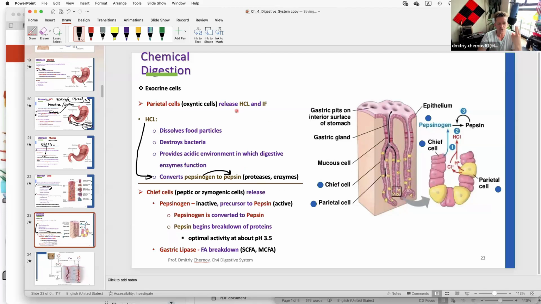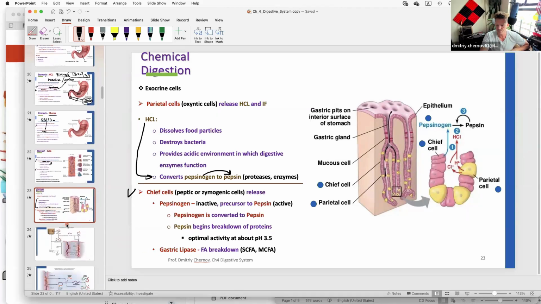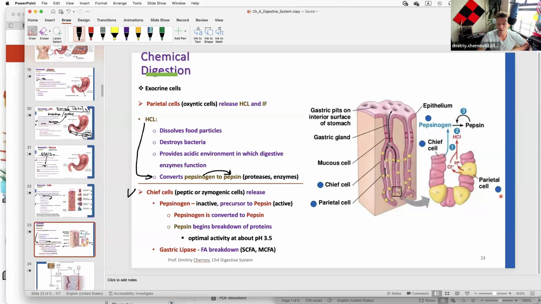Within the stomach, we have two cells, chief cells and parietal cells. The chief cells, like an important chief, right, release pepsinogen, the inactive precursor to pepsin. And that pepsinogen is converted into pepsin. So that's all proteases, and the pepsin, this protease, breaks down proteins.